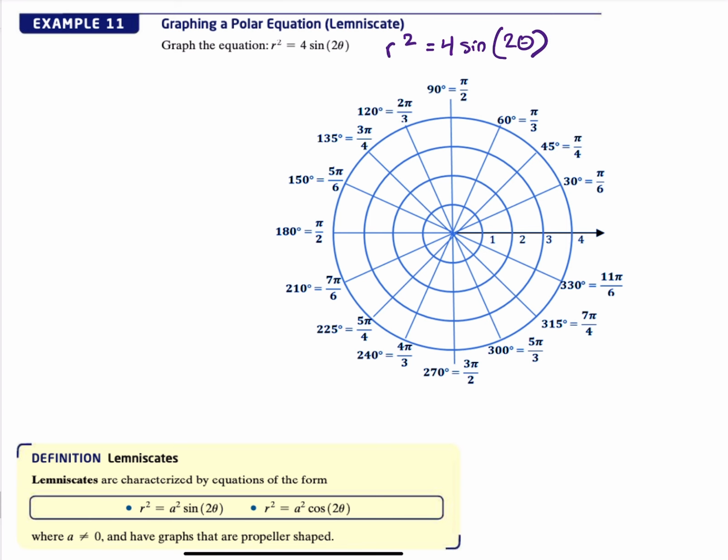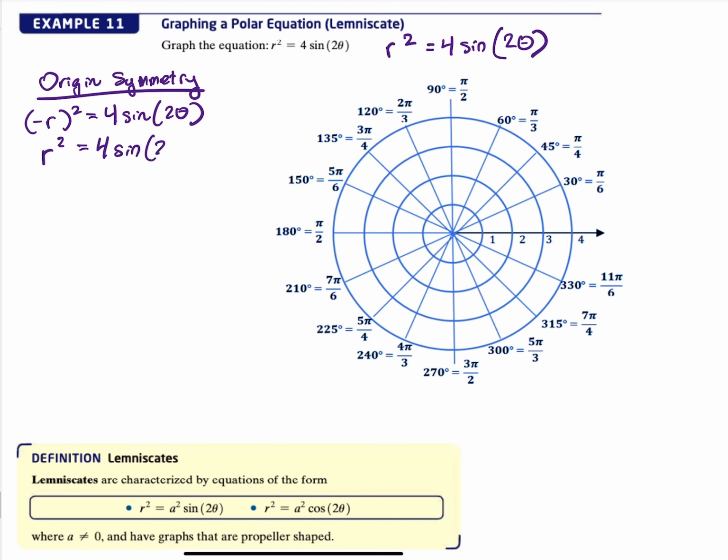We should already see this is going to have origin symmetry. One of the tests for that was to replace r with negative r. Well, if we square negative r, we'll just get r squared back. So it's symmetric about the origin, meaning we have both x and y axis symmetry.